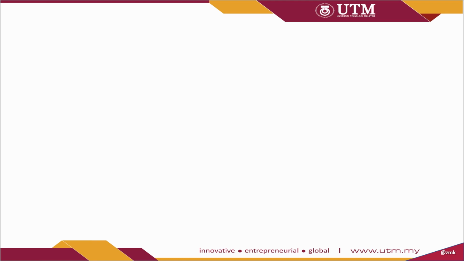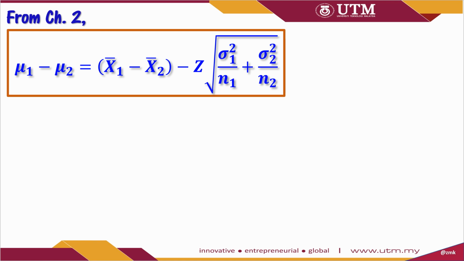From the previous slide, we had rearranged the Z formula into the expression below, where mu1 minus mu2 is x bar 1 minus x bar 2 minus z times the square root of sigma 1 squared over n1 plus sigma 2 squared over n2.